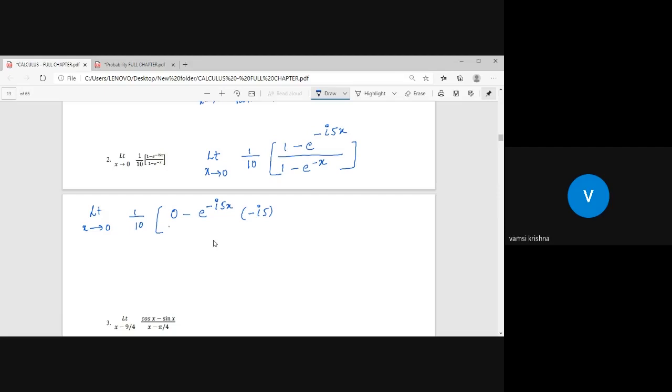Divided by, 1 differentiation is 0 minus e power minus ix. E power minus ix differentiation is e power minus ix into minus i.